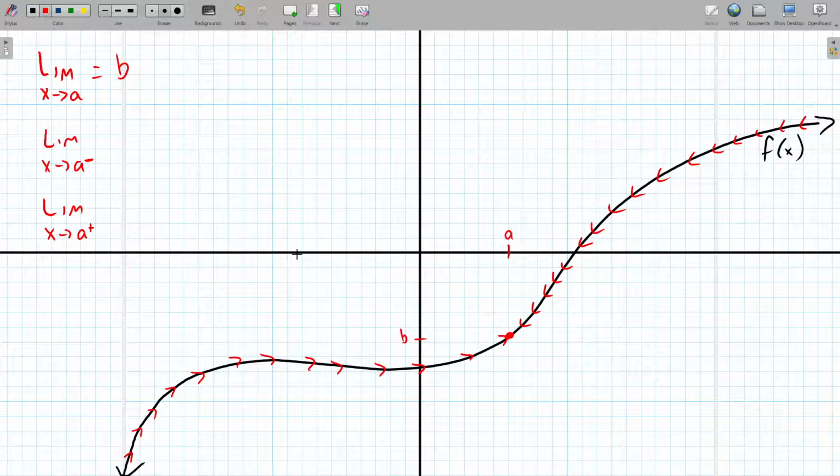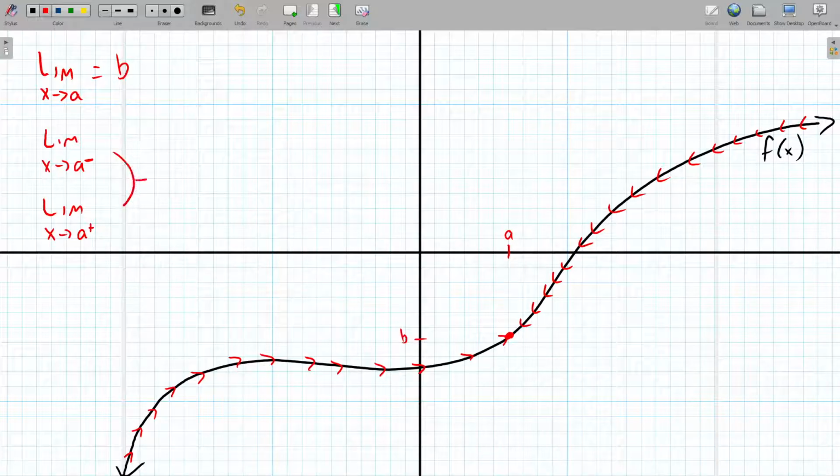It means that we're approaching a, but we're approaching it from the left-hand side only. Same thing with the positive sign. This means that we're approaching a from the right-hand side only. Okay, so both of these could be different values if there's something interesting going on here, and we'll see an example of that in just a second.